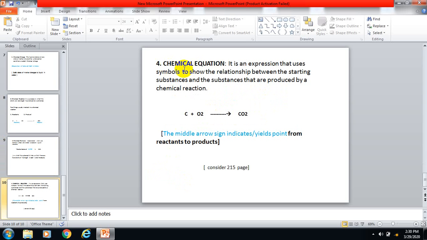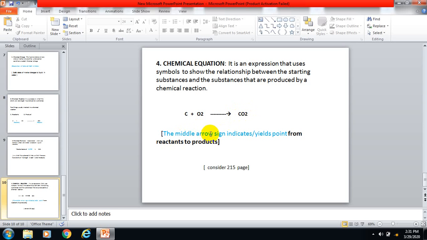Chemical equation, the fourth one. It is an expression that uses symbols to show the relationship between the starting substances and the substances that are produced by a chemical reaction. Again, the reactants and the products are here. The reactants, C, carbon, and oxygen, lead to producing carbon dioxide.